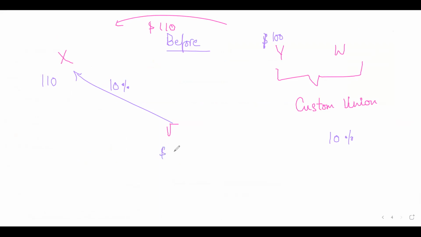So its price was perhaps, let's say, $90 or something less. That's why with the 10% tariff, what's 10% of 90? 9, so that will make it 99. So this is costing X less than importing from Y. Is everyone clear so far? Yes, V cars were more competitive in the market.